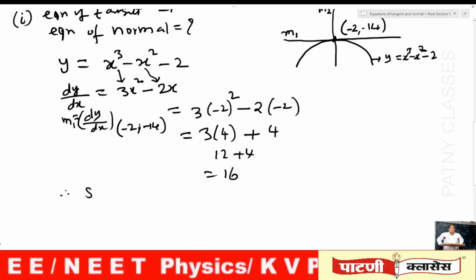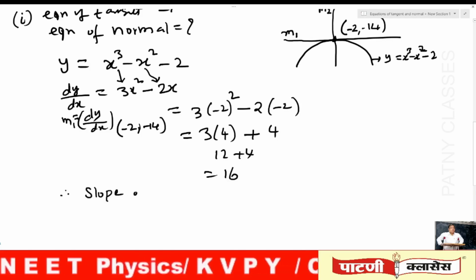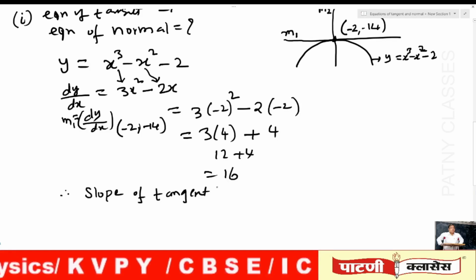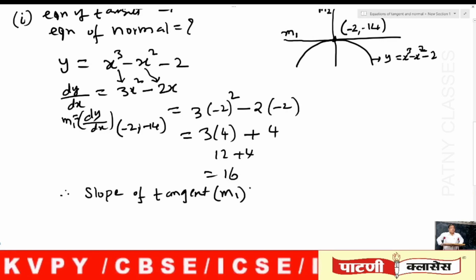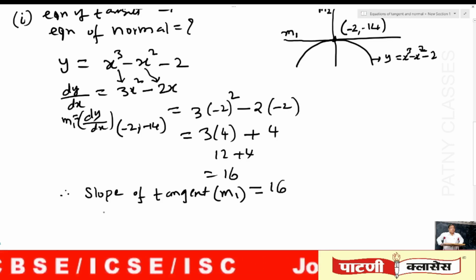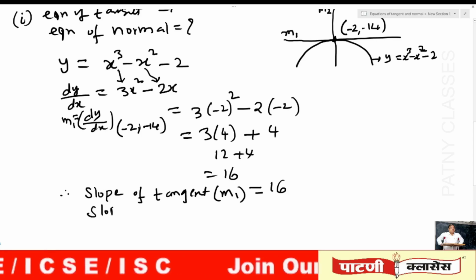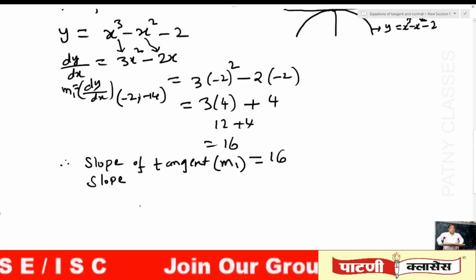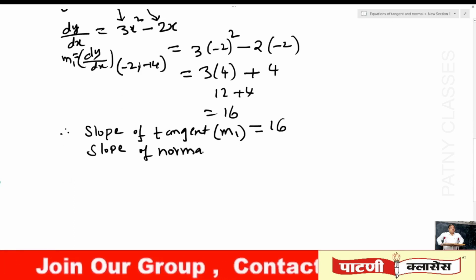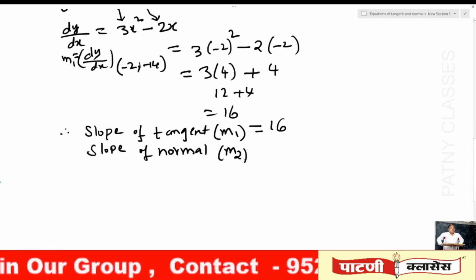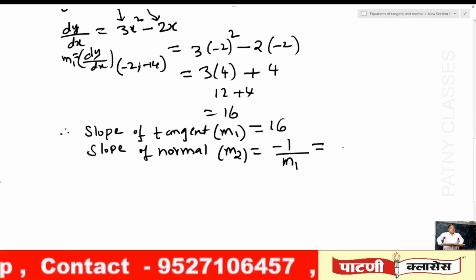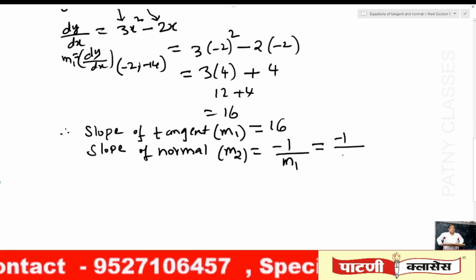Therefore the slope of tangent m1 is equal to 16. Simultaneously we can find the slope of normal, m2, which is the negative reciprocal of the slope of tangent, minus 1 upon m1, so minus 1 upon 16.